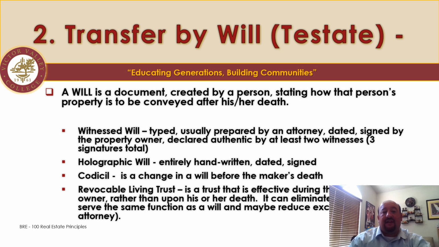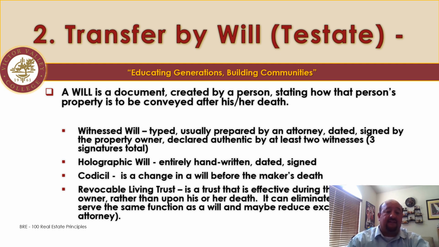Okay, so there are two types of transfers by will. Testate means there is a will. If you see the word intestate, then there is no will. A witnessed will has witnesses to the will. Holographic means it's entirely handwritten.